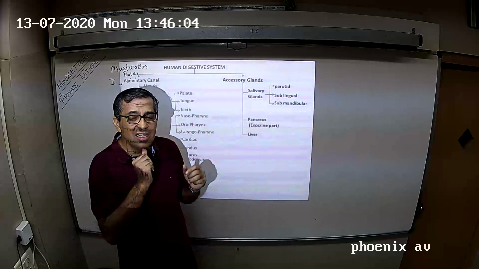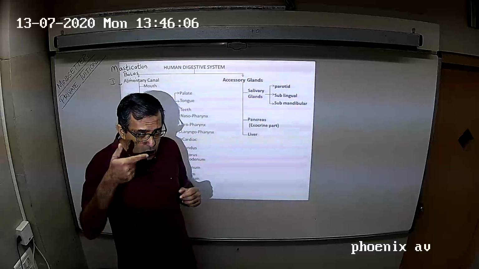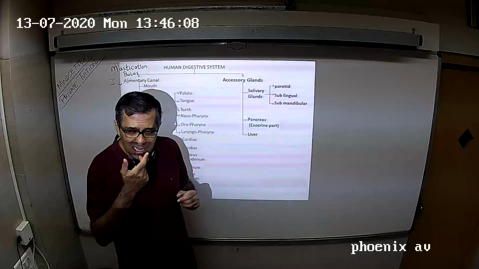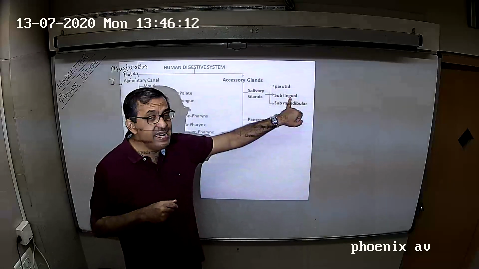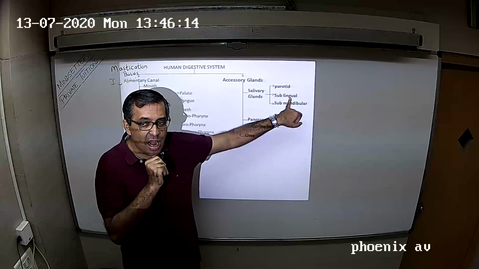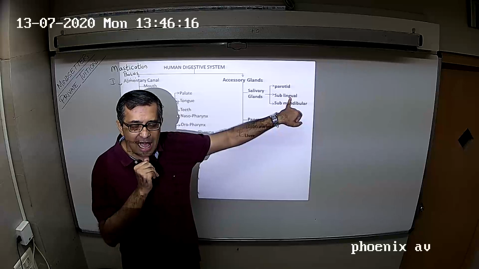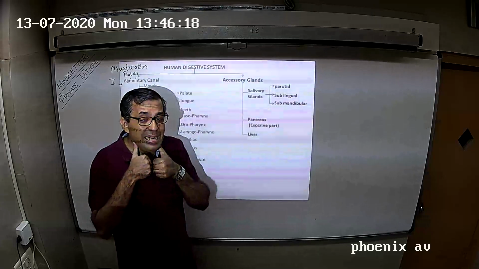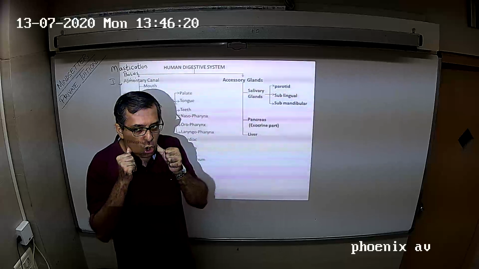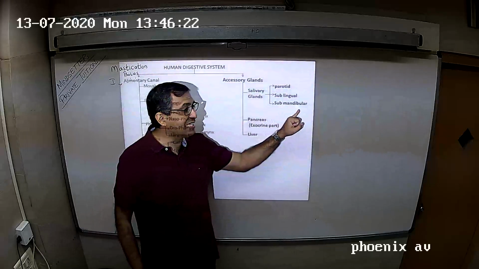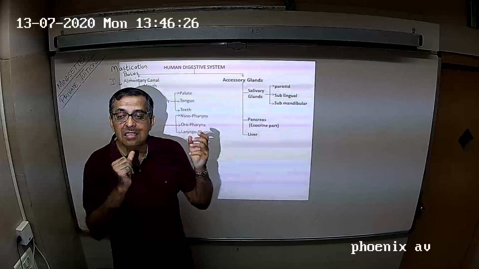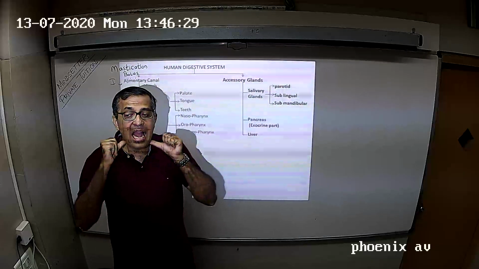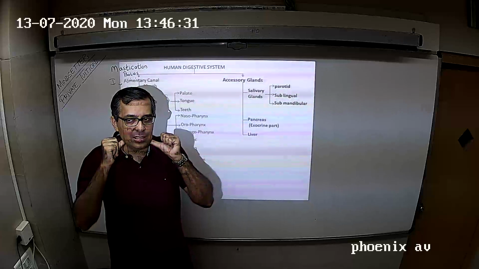Then just under the tongue, roll it like this, saliva will come out. That is sublingual gland. And under the mandible or the lower jaw, we have glands called submandibular glands. So we have parotid gland, sublingual gland and submandibular gland.